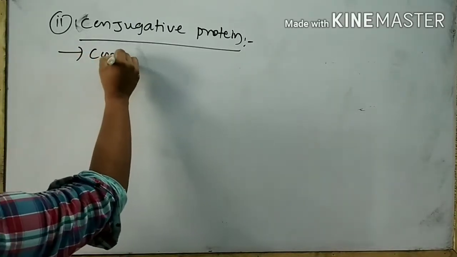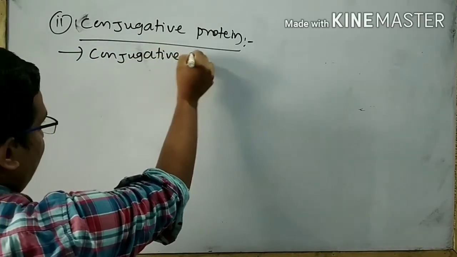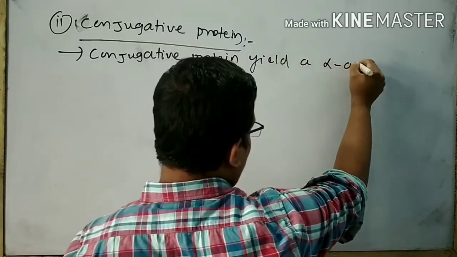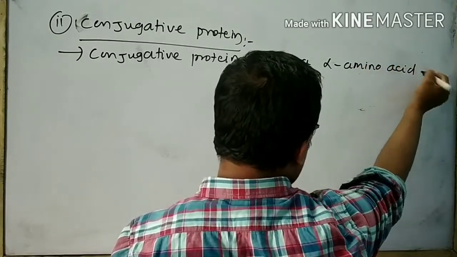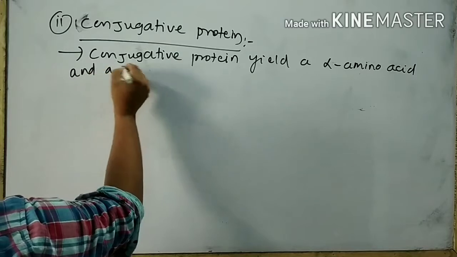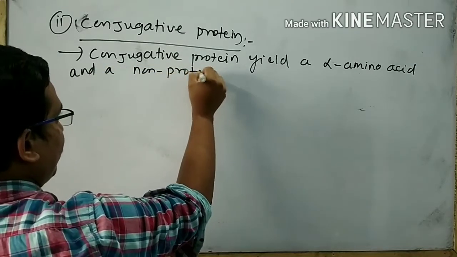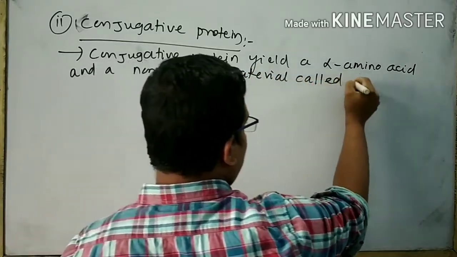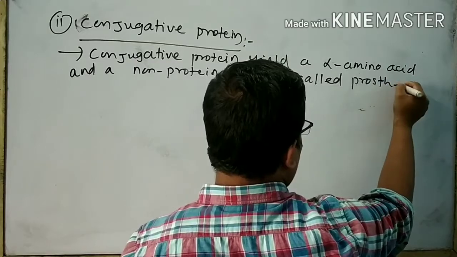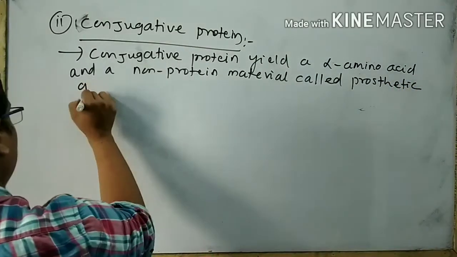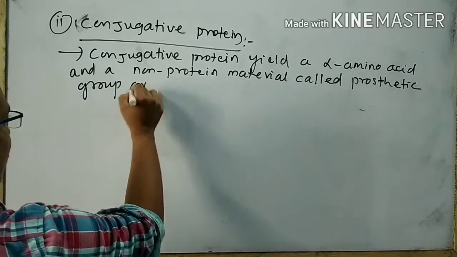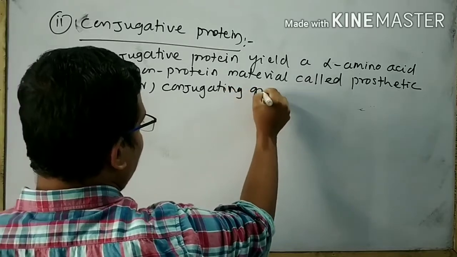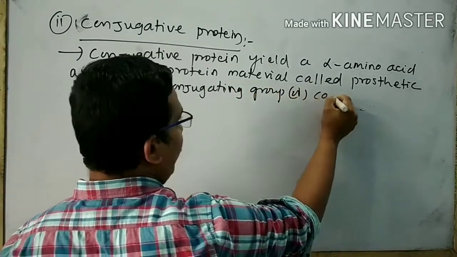So we can write conjugative protein yields an alpha amino acid and a non-protein material called prosthetic group or conjugating group, or it is also called cofactor.